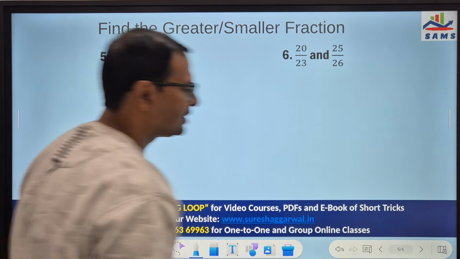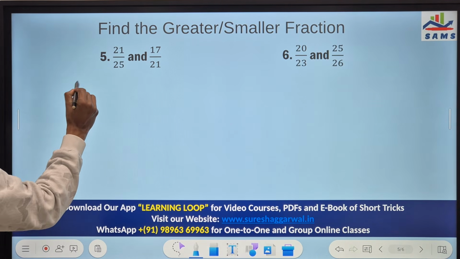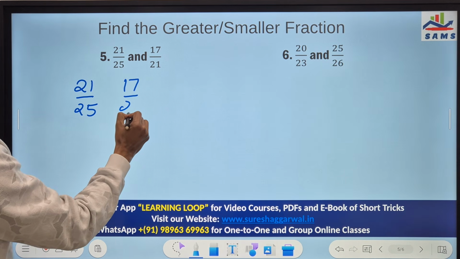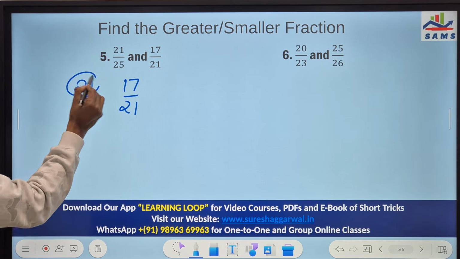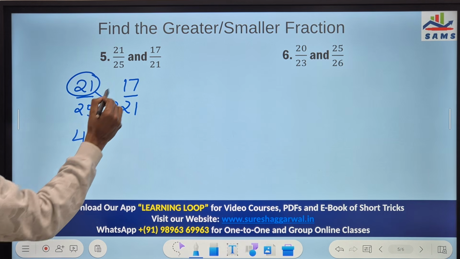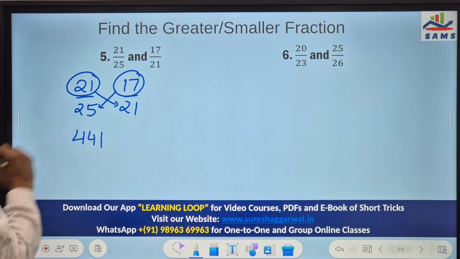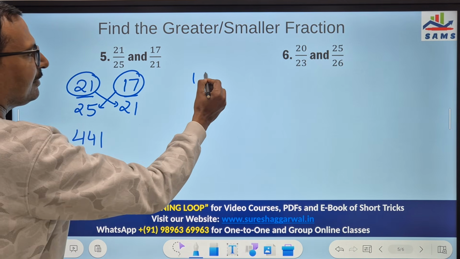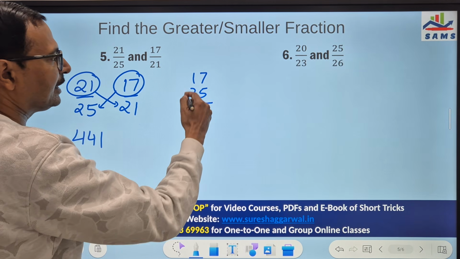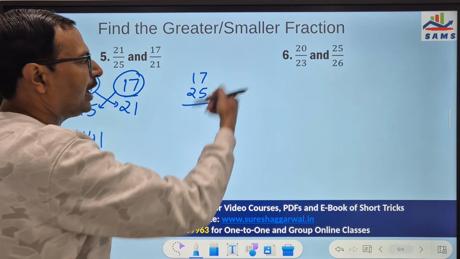Likewise, two more questions. Here we have some big numbers, 21 by 25 and 17 by 21. So I need to do 21 times 21, which gives me 21 square, 441, and I need to do 17 times 25. 17 times 25 I can do either by traditional multiplication or by multiplication by 100 and then taking two halves.